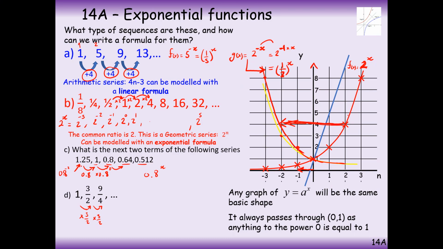So if you see exponential decay graphs like so, they have a base that is less than 1. Here's the point to learn: if our base is less than 1, it has a graph portraying a decaying function. It has a negative gradient.